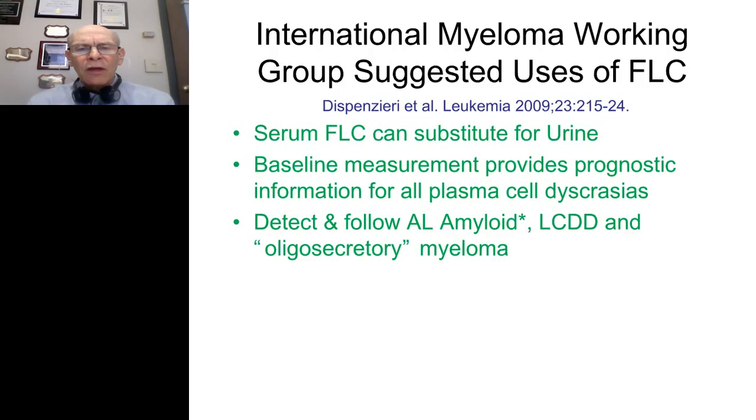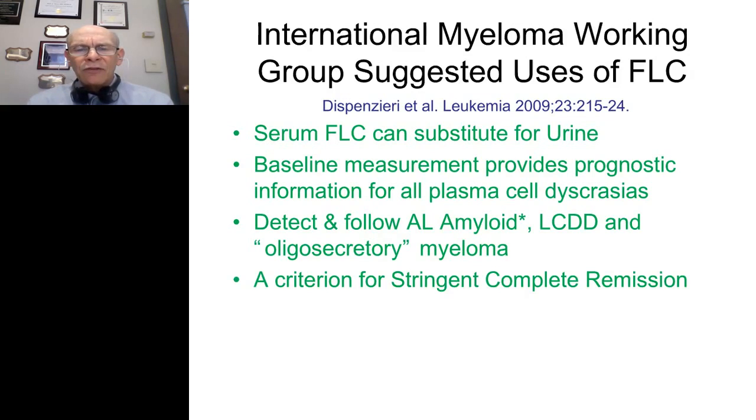Oligosecretory myeloma implies very small amounts of the M protein are produced. In all these conditions, the serum free light chain test has been shown to be as, if not more, sensitive than immunofixation, and a very helpful aid. Finally, serum free light chain tests, FLC, have been established as a criterion for stringent complete remission during therapy.